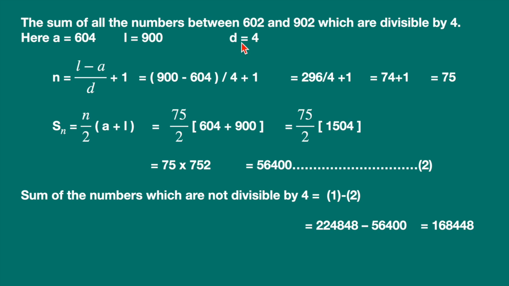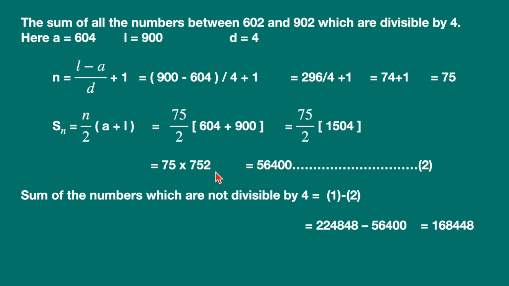Now, let us find out the number of terms which are divisible by 4. For that, use this formula and find the terms. There are only 75 terms in between these two numbers. For the sum of all these terms, again substitute these values, and you will get the sum of the terms divisible by 4 as 56,400.